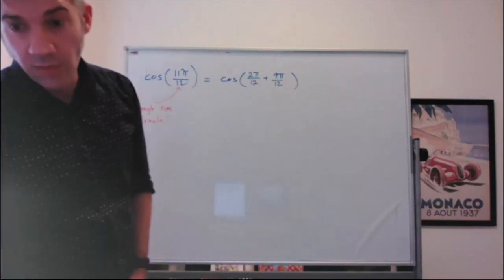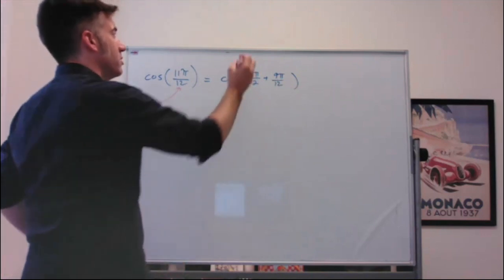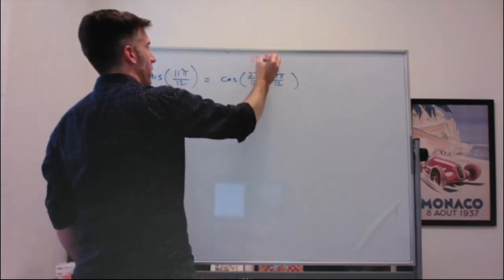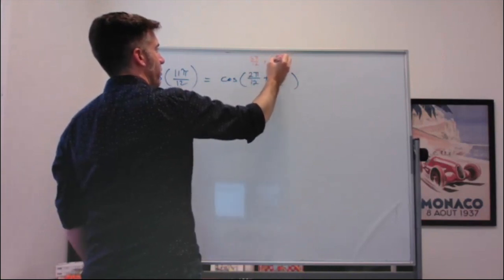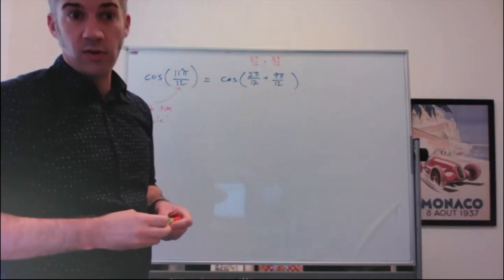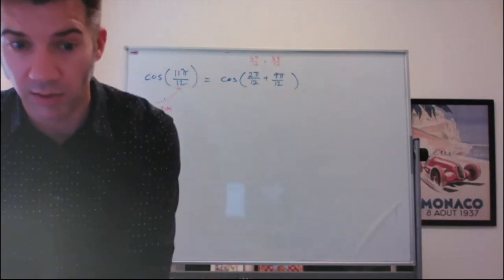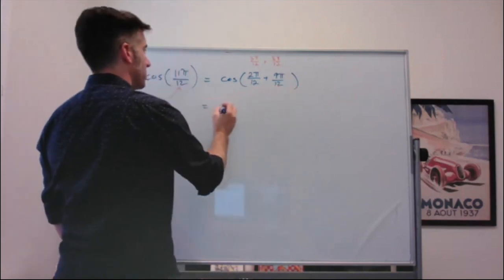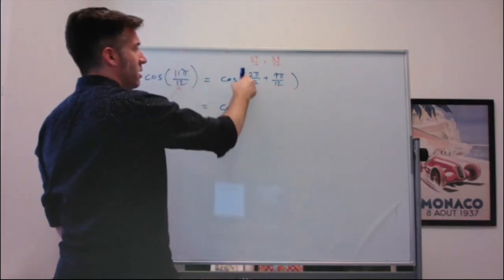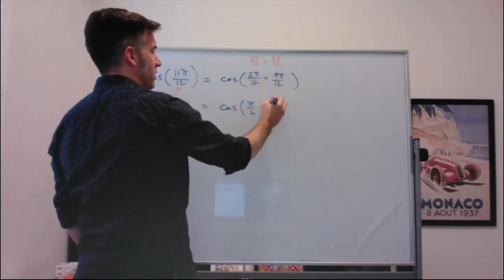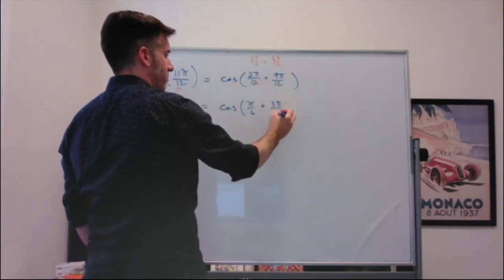So it would also be correct to do it as 3 pi over 12 plus 8 pi over 12, because they still add up to 11 pi over 12, and they both reduce to fractions with smaller denominators. So 2 pi over 12 is pi over 6, and 9 pi over 12 reduces to 3 pi over 4.